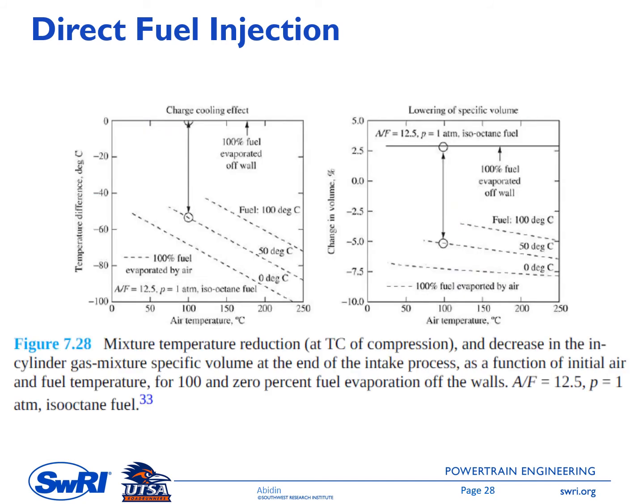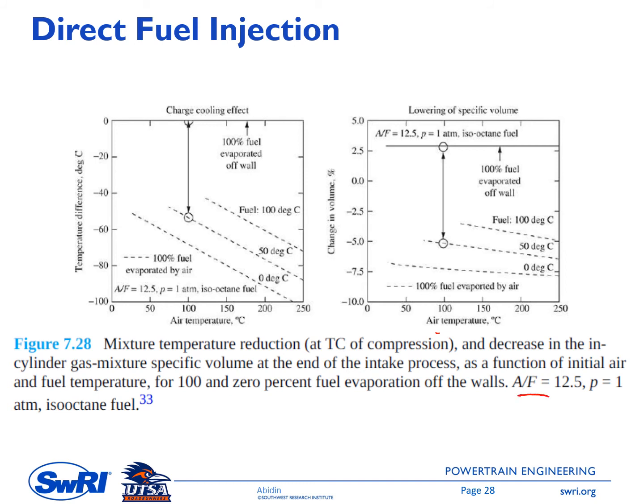This figure shows the mixture temperature reduction at top dead center, or at the end of the compression stroke, in the figure on the left side. It also shows the decrease in the in-cylinder gas mixture specific volume, which is the inverse of the density at the end of the intake process, in the figure on the right side, as a function of the initial air and fuel temperature for 100% and 0% fuel evaporation from the walls.